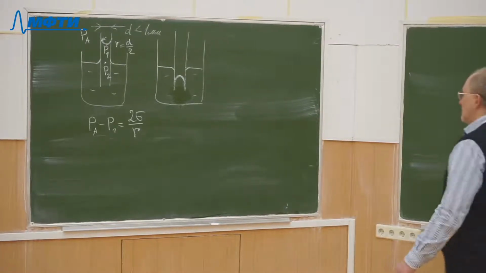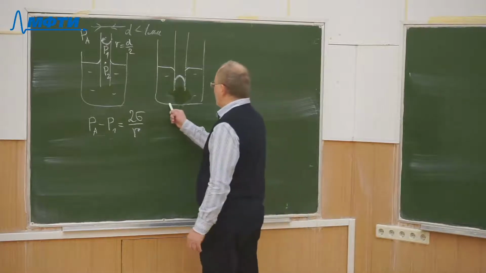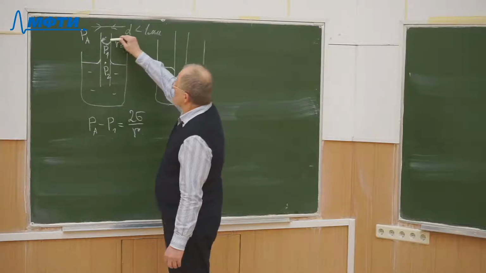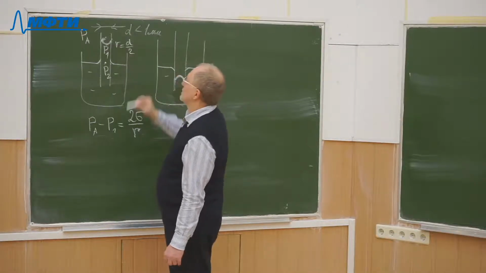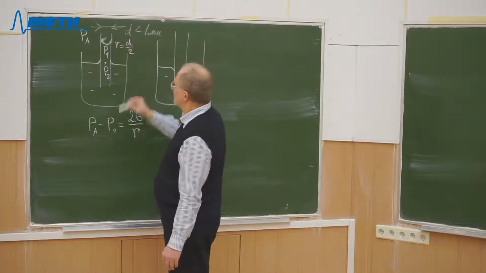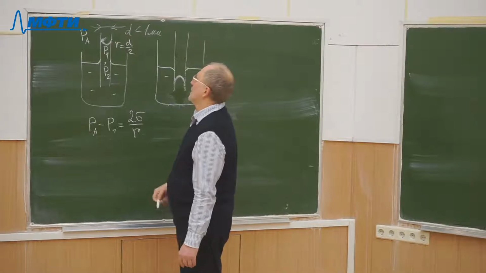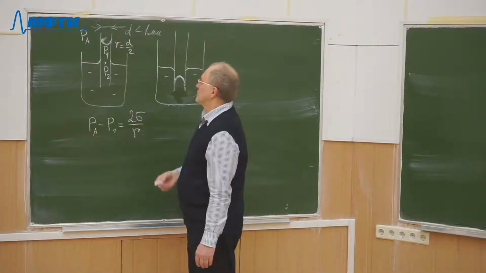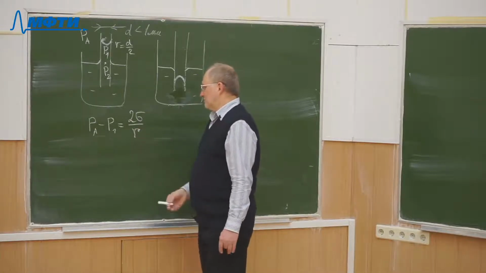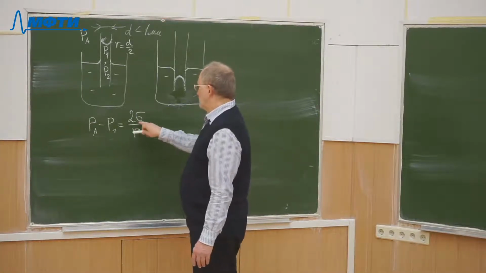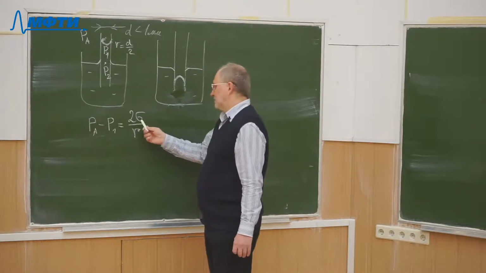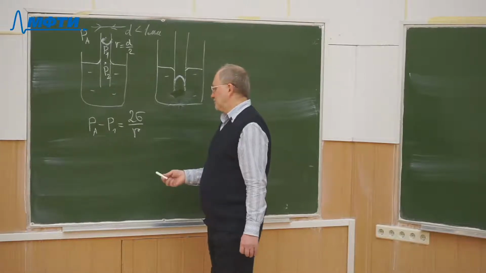Okay, we continue. So we consider the pressure difference at the curved surface of liquid. If the surface is not flat, if it has some radius of curvature, then the pressure difference on both sides of such a liquid surface will be given by this formula which we have already derived, where sigma is the surface tension, also called the surface energy.